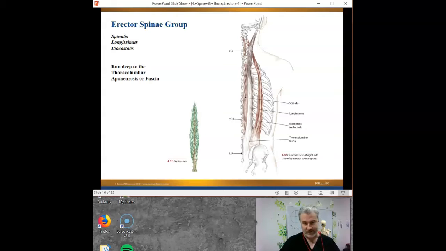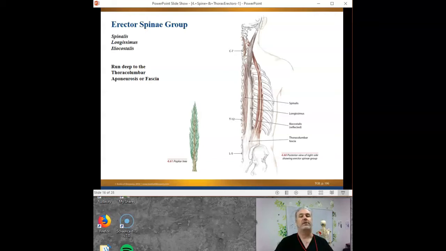Let's stop right there for a second. Miss Cooper, this group is called the erector spinae group. What is this group called? The erector spinae group. Thank you. It's made up of the spinalis, longissimus, and iliocostalis. What is it made up of?